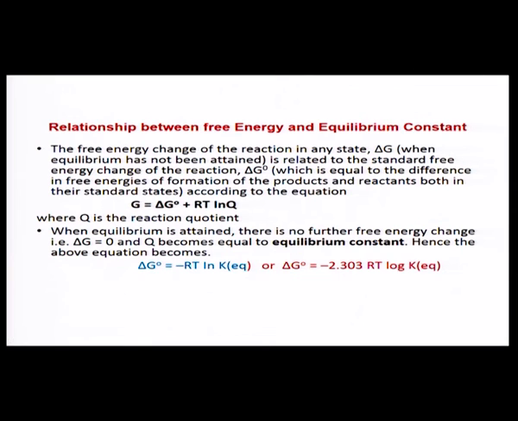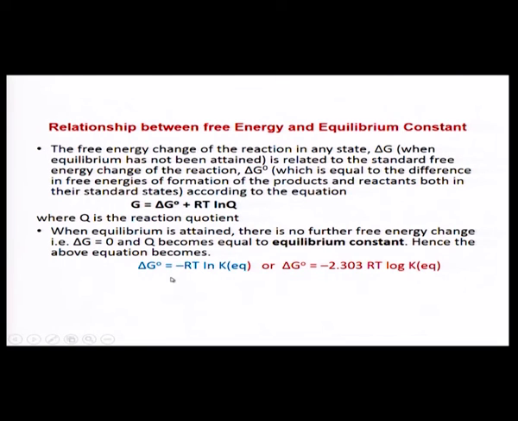Generally, as we discussed before, if the free energy is negative, the reaction will take place spontaneously. That is also related to the equilibrium constant for a particular chemical reaction as per this equation or the modified equation. Generally, if the equilibrium constant value is very high, then that reaction can take place spontaneously.